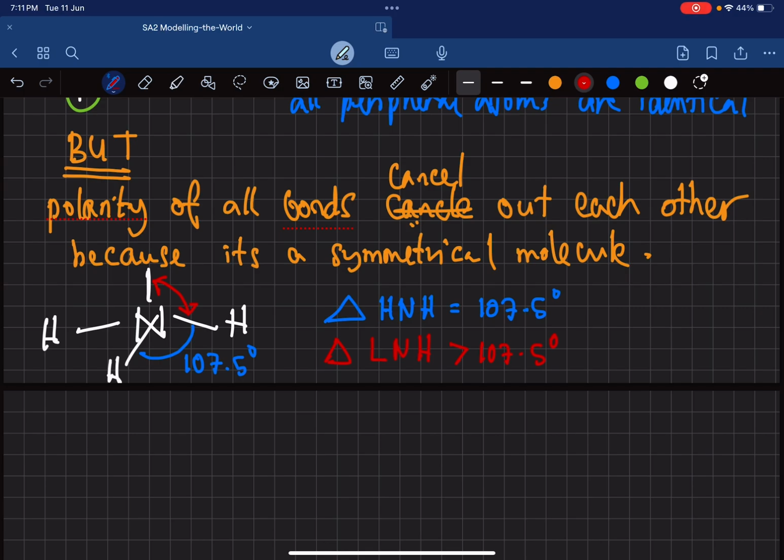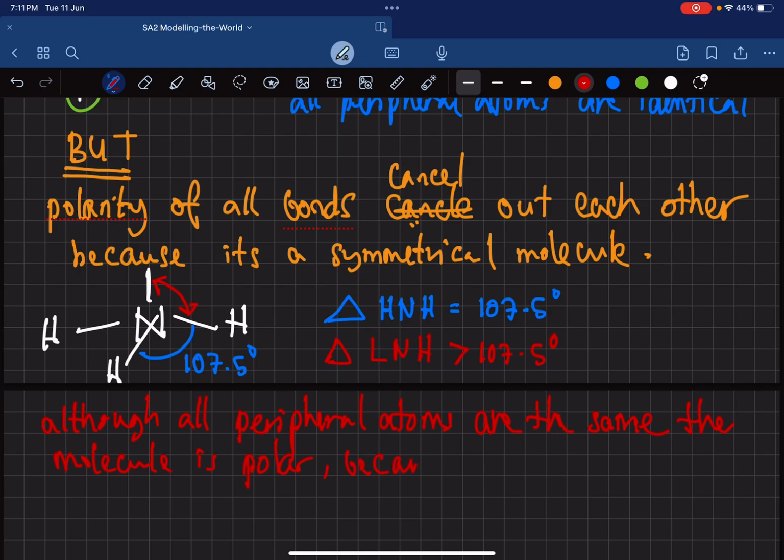So in this case, although all peripheral atoms are the same, the molecule is polar. Why?